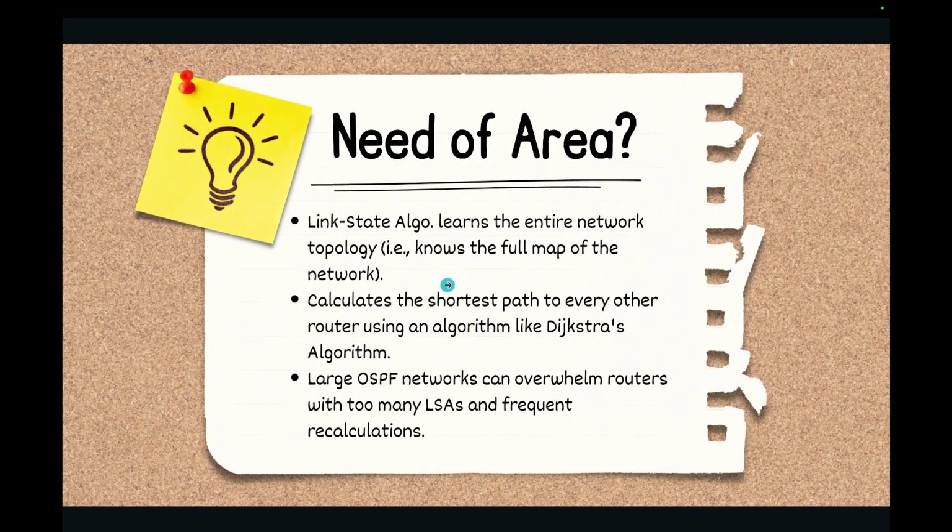So to avoid that, OSPF creates areas. That's the third point. If the OSPF network is large, it can overwhelm the routers with too many link state advertisements and frequent recalculations. So to avoid that, we divide the network into logical groups, and those logical groups are nothing but the areas.